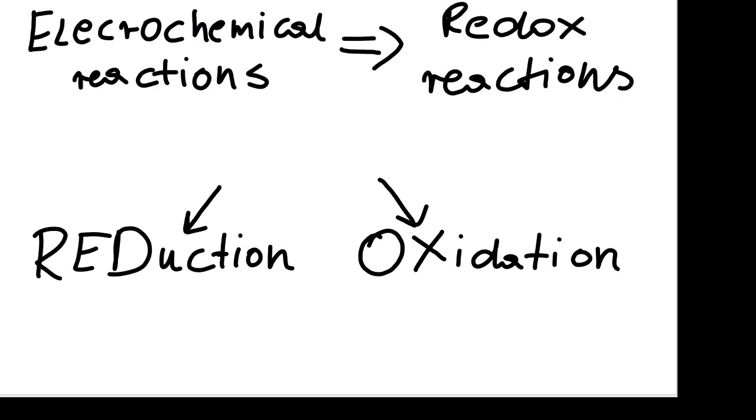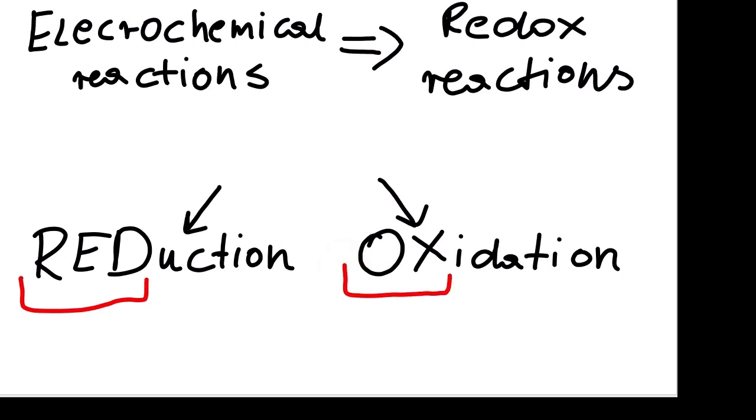Redox reactions are electrochemical reactions. The whole electrochemistry could be described by the 2 electrochemical reactions: reduction reaction and oxidation reaction. The word redox is derived from these 2 words, reduction and oxidation.